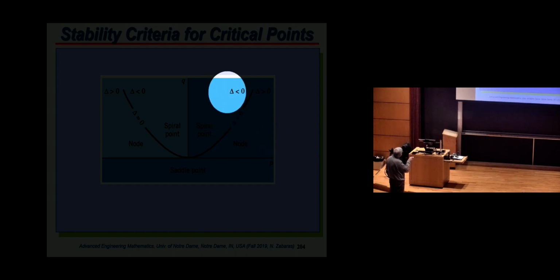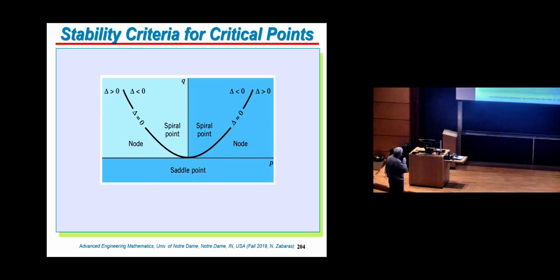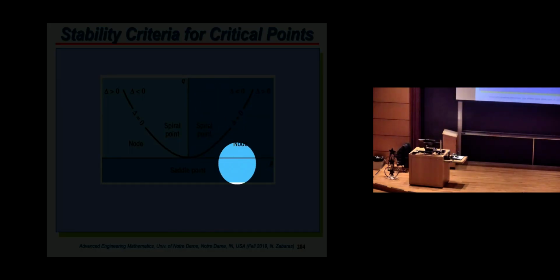Do you remember? So is this darker area stable or unstable based on the observations that we did before? Since you already read all the notes, all of this area, is it stable or unstable? Unstable.